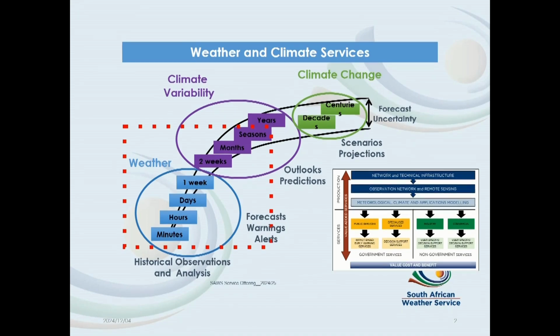So we have your alerts, your warnings, and your forecasts that we issue free of charge to the public. And then from the weather, we have your climate variability, starting from a scale of 2 weeks up until years. Then we have your outlook predictions, your seasonal predictions and so forth, and up until the climate change. That is the scale of your decades and centuries.